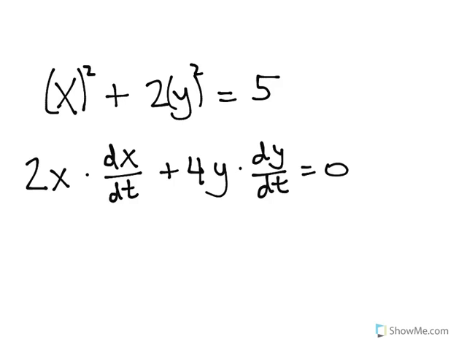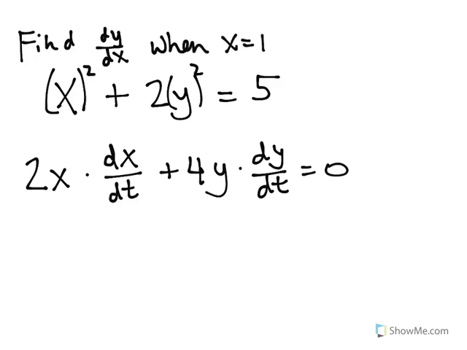And then let's say at the beginning, I guess I didn't give you directions, but let's say the directions at the beginning said something like this: find dy/dx when x equals 1, y equals 2, and dx/dt equals, I'll say, 3.